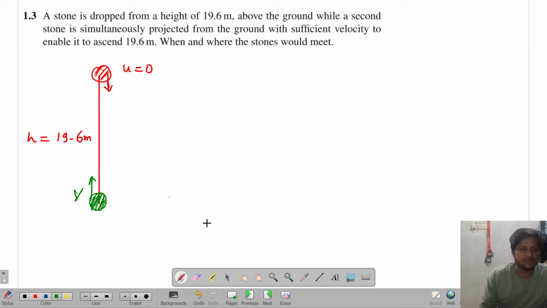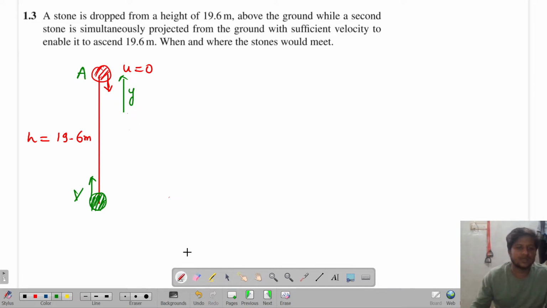In between, let's suppose I take this point S. It will be x distance from ball A. I'm calling this to be at a y distance from ball A, and this is my ball B. It is not possible to meet over there; it should be much more down.